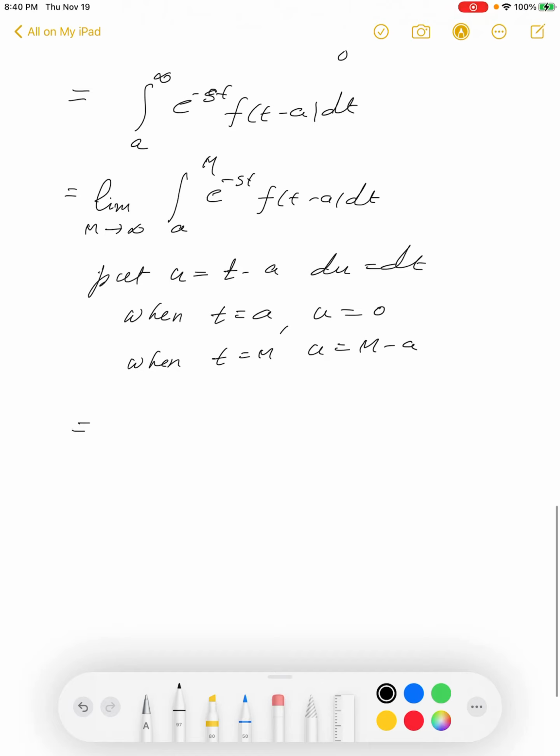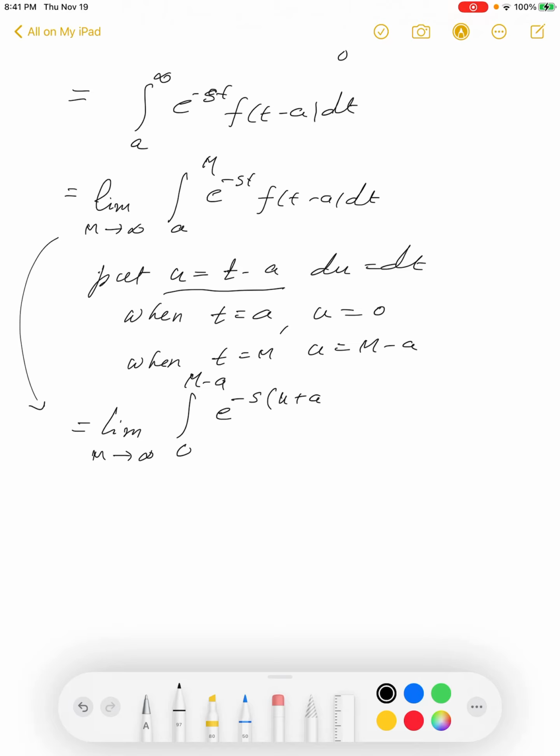So therefore we get the limit as m tends to infinity of the integral from 0 to m minus a of e to the minus s times, now t minus a is u, so t will be u plus a, times f of u du.